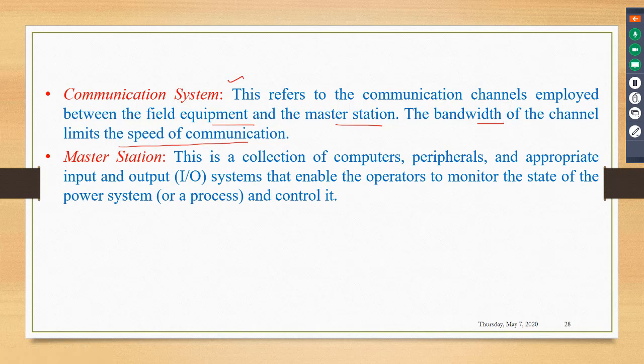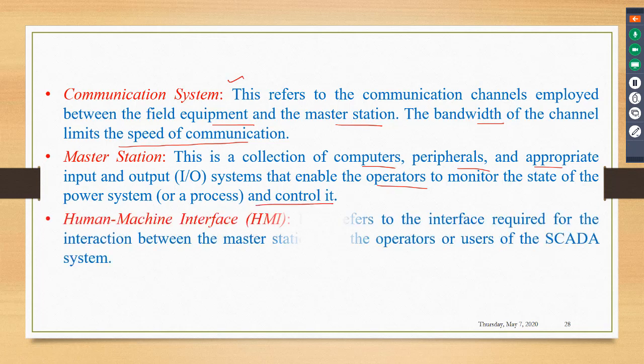Then the master station is a collection of computers, peripherals, and appropriate input-output systems that enable the operators to monitor the state of the power system or process and control it. Then the human machine interface, in short HMI, refers to the interface required for the interaction between the master station and the operators or users of the SCADA system.